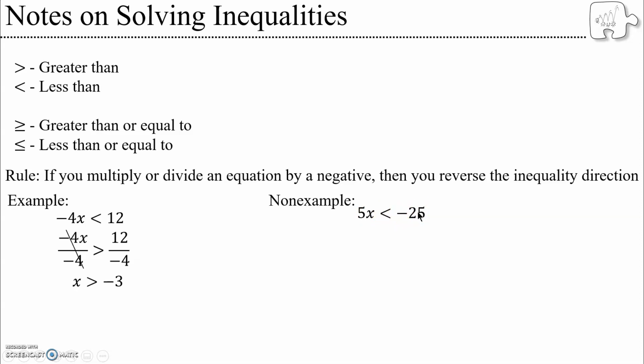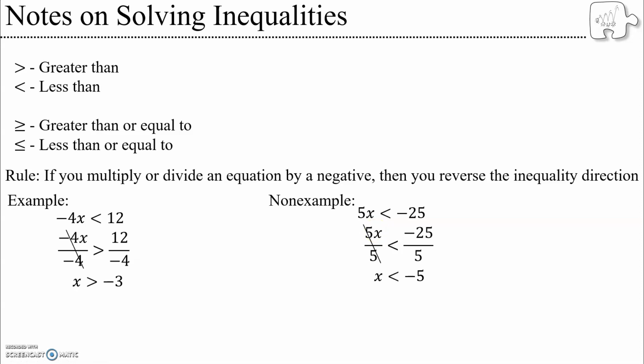For this one, we divide by 5 on both sides. Since we're dividing by 5, a positive number, we're not changing the direction. Before, we divided by a negative number, so we changed the direction. But here, even though this side is negative, the number we're dividing by is positive, so the direction does not change. We just get x is less than negative 5.